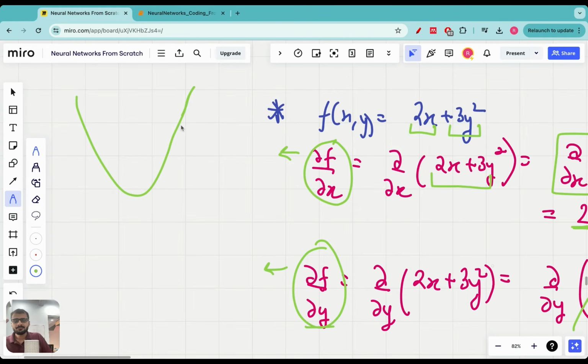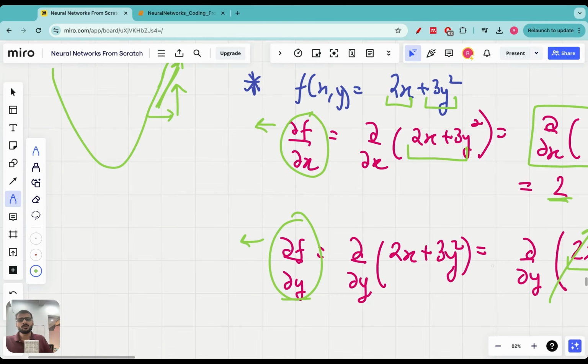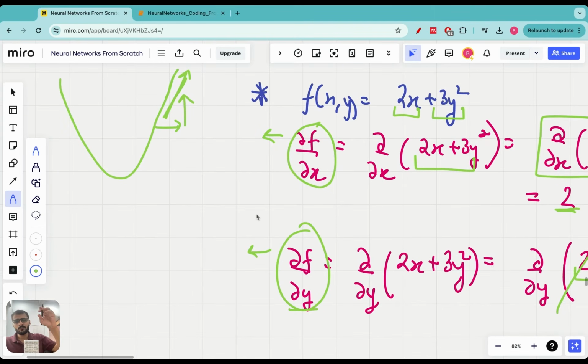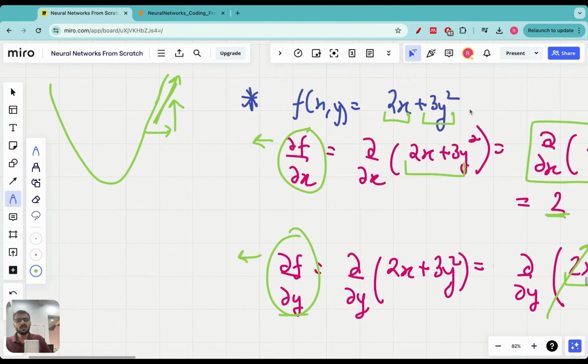And the actual gradient will be a vector summation of the derivative with respect to x and the derivative with respect to y. That's why we have to take two gradients here, because we will have slope in x and slope in y. If there are three variables, we need to take three partial derivatives.